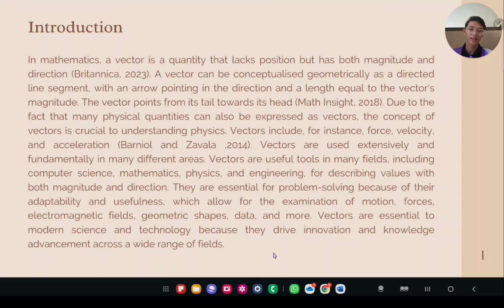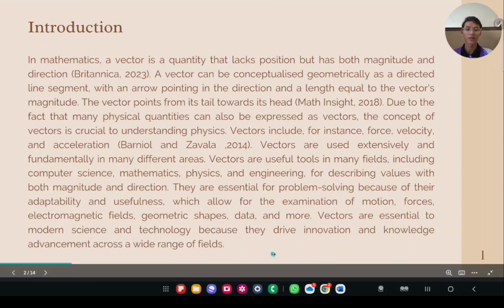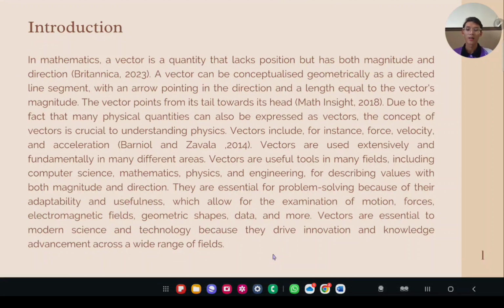For describing values with both magnitude and direction, they are essential for problem solving because of their adaptability and usefulness, which allow the examination of motion, force, electromagnetic field, geometric shapes, data, and more. Vectors are essential to modern science and technology because they drive innovation and knowledge advancement across a wide range of fields.